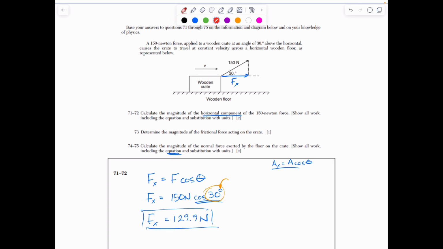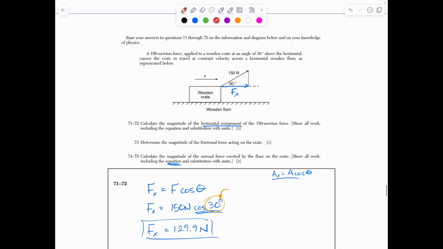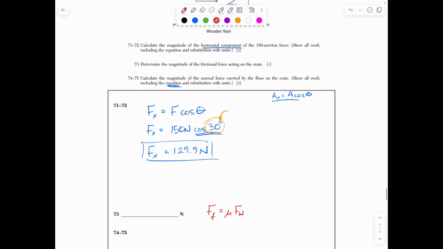Now, the normal force is hard to find out. Why? Well, they didn't tell us the weight of the box. Not to mention that we're pulling up on the crate, so we're lifting it off the floor a little bit. So even if we knew the weight, the normal force is going to be a little less than the weight. So we're kind of stuck right now. We don't know this normal force. So how are we supposed to get friction?